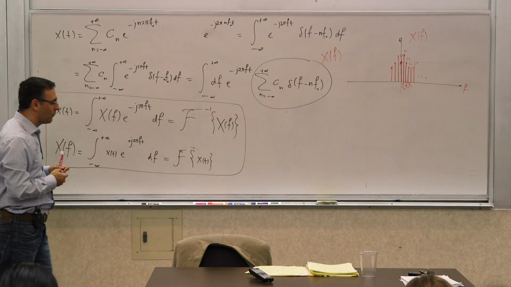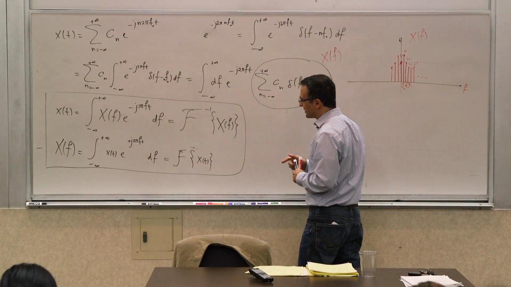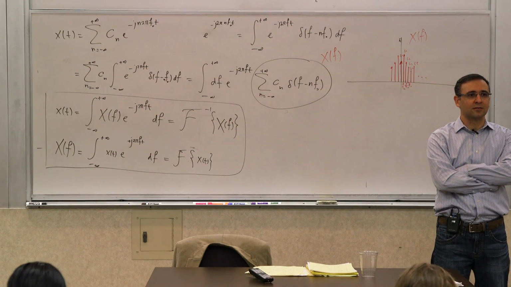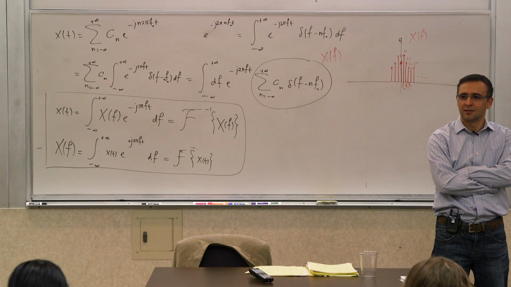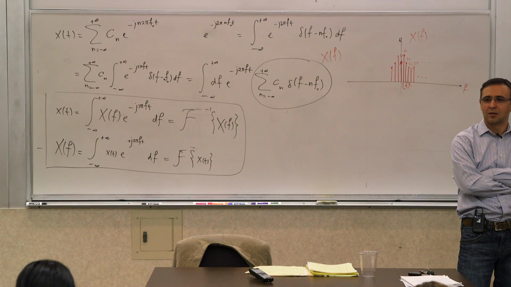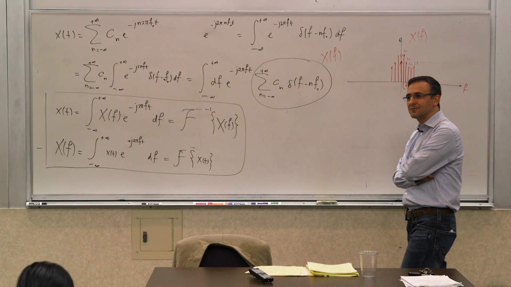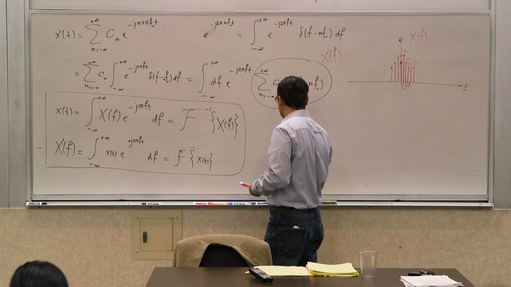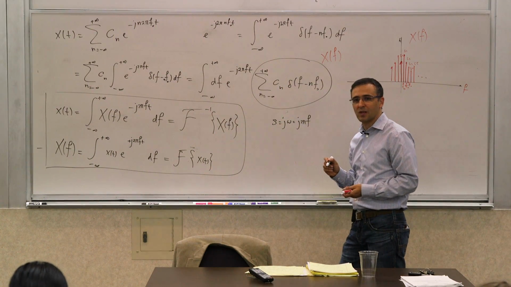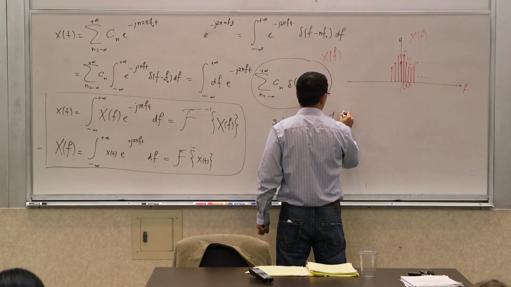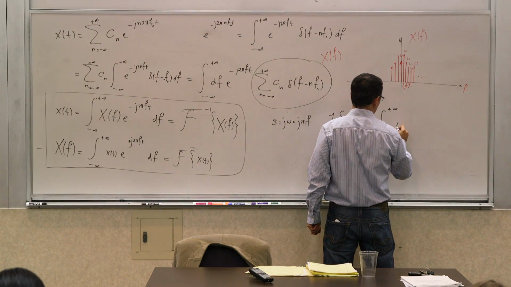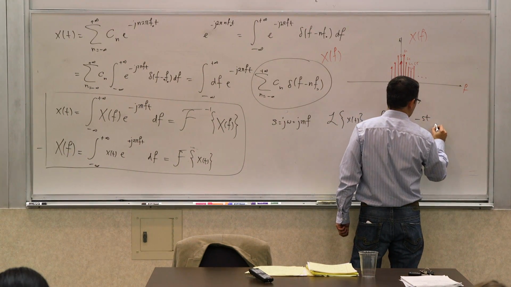Now, why is this interesting? First of all, look at this transform and see if it reminds you of something that we did earlier. What does it look like? The Laplace transform. The only difference is that s has been replaced with j 2 pi f, or j omega. If you say s is j omega, which is basically j 2 pi f, and you look at the Laplace transform, you remember the Laplace transform of x of t was the integral from negative infinity to positive infinity of x of t e to the negative s t dt.